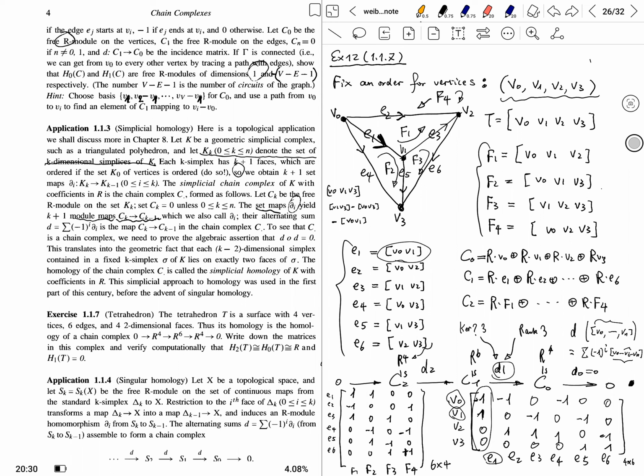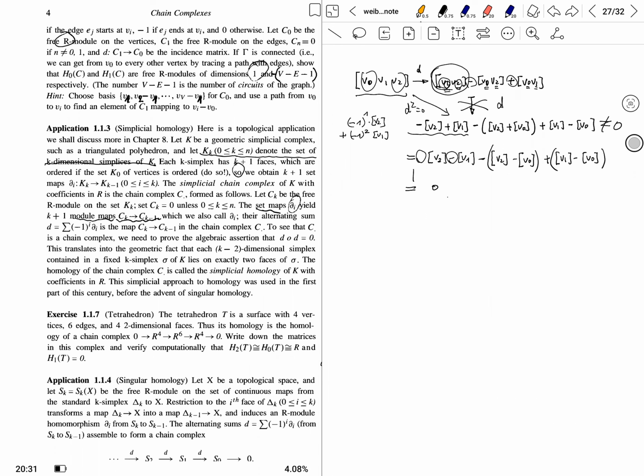And when you apply this matrix on an arbitrary vector with coordinates x1 until x6 of your free module, then you will see that the image of E1 is up to multiplication by the scalar x1. Let me write slightly more information.